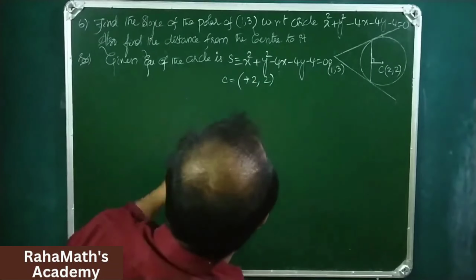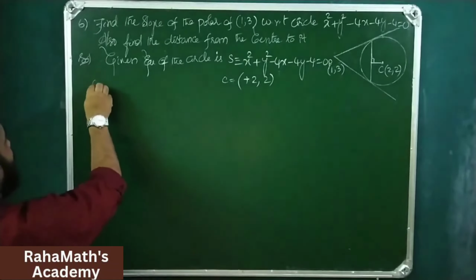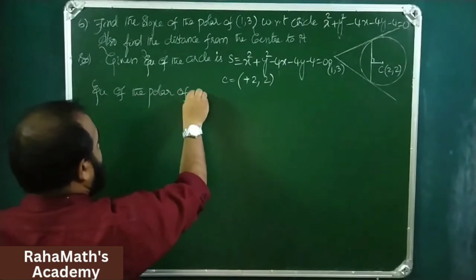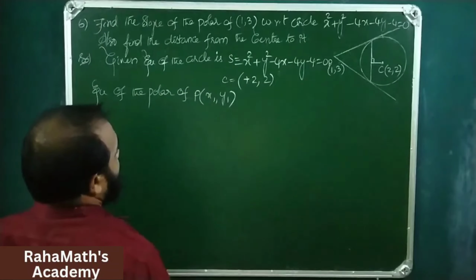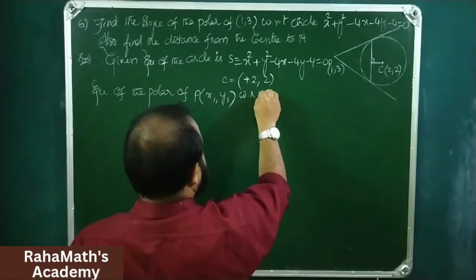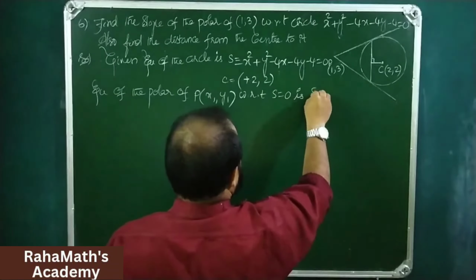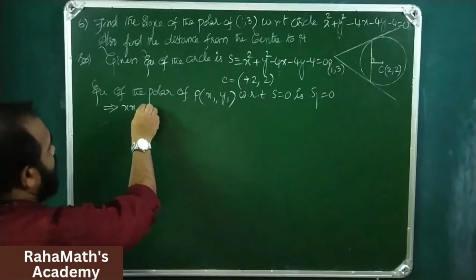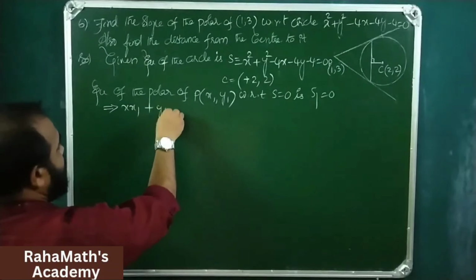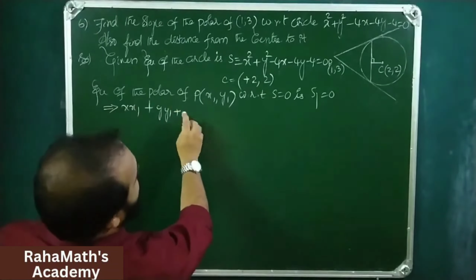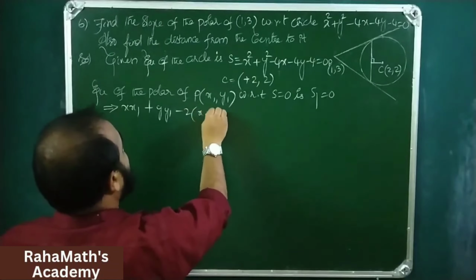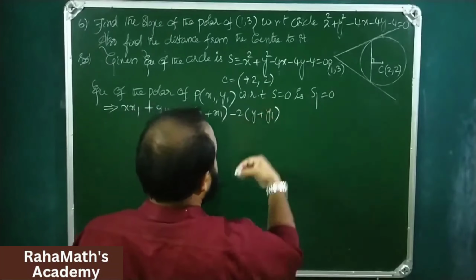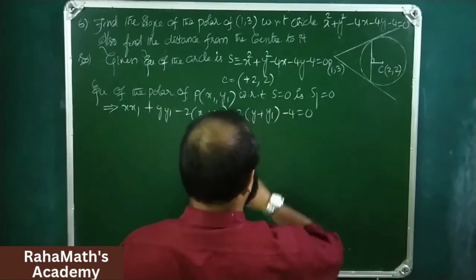Okay, and so the equation of the polar of P(x1, y1) with respect to circle S equals 0 is S1 equals 0, which implies x x1 plus y y1 minus 2 into (x plus x1) minus 2 into (y plus y1) minus 4 equals 0.